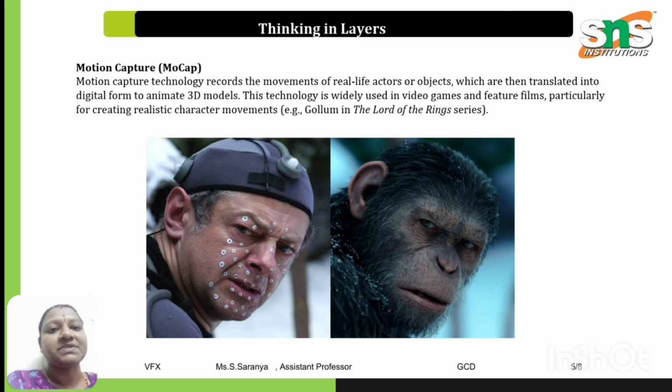Next is motion capture. This is the most important technique we are using in films. In motion capture, we use a live actor to capture effects such as expressions, volume, reactions, movement, dancing, everything captured by motion capture technology, and that is translated into digital format for the animated 3D models.